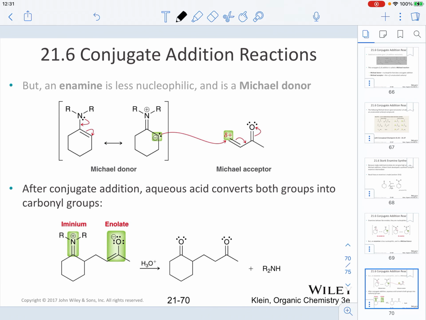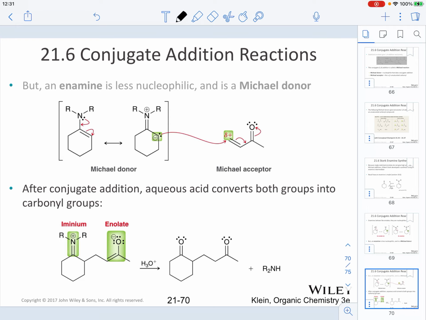So as you can see, if we have an enamine present, they can undergo this 1,4 addition into alpha beta unsaturated systems. Understand that after the conjugate addition, the use of aqueous acid is going to specifically convert these groups into carbonyl.